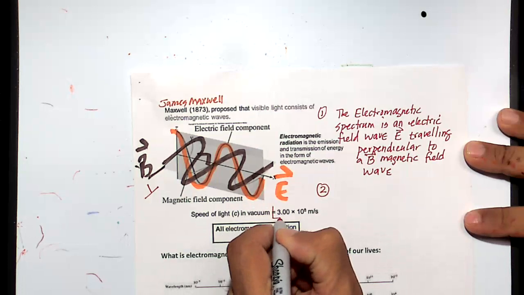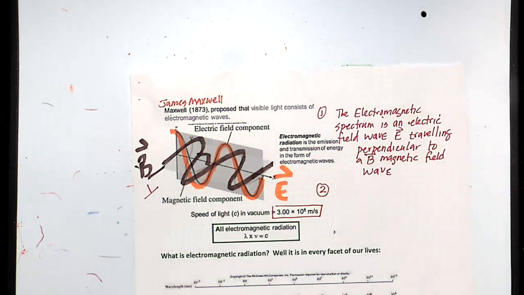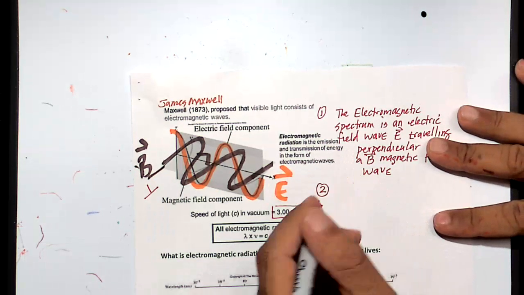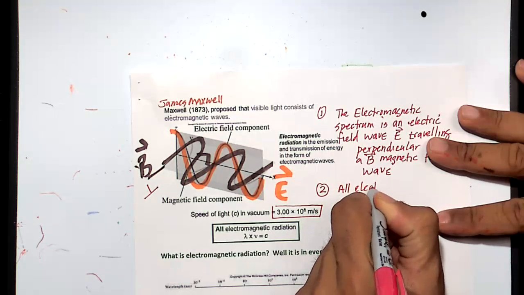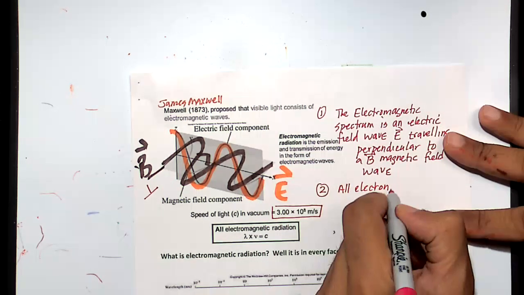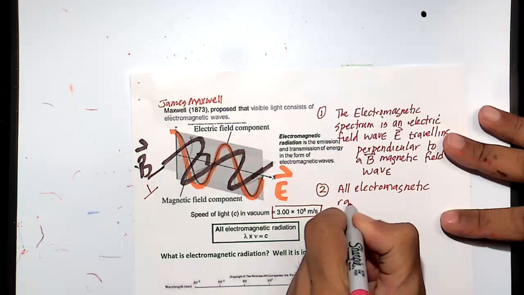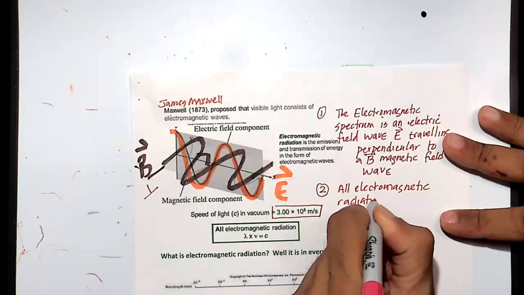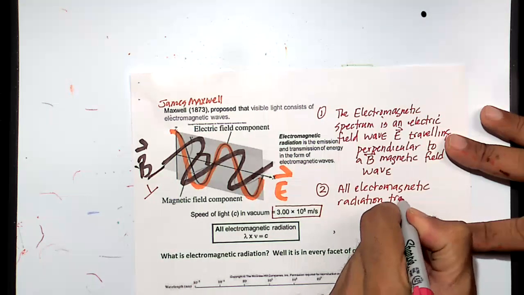The speed of light is 3 × 10⁸ meters per second. I'll give you that constant on the exam, but you should know they travel at the speed of light. All electromagnetic radiation, because this has energy, quanta of energy, travels at the speed of light.